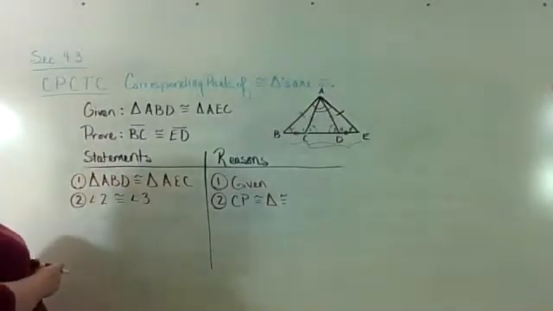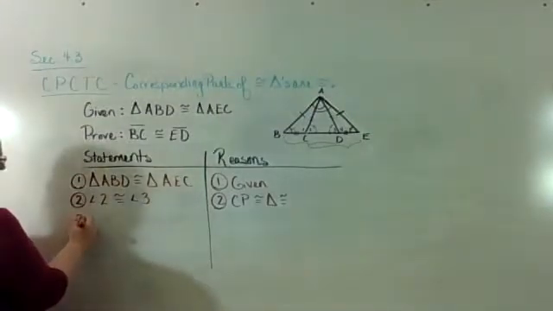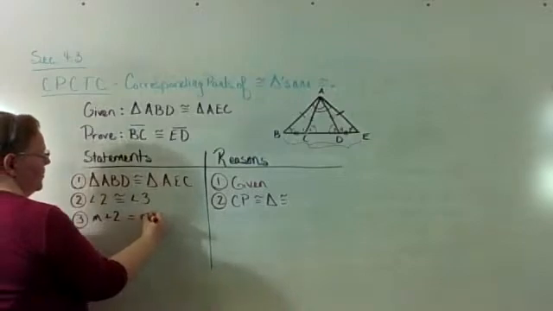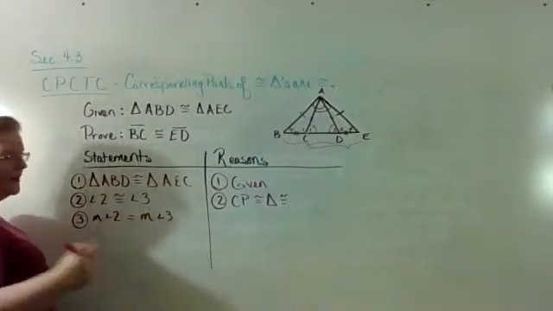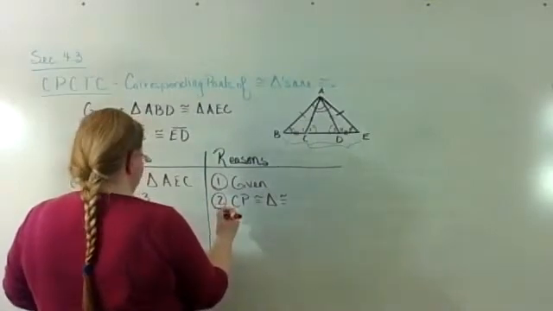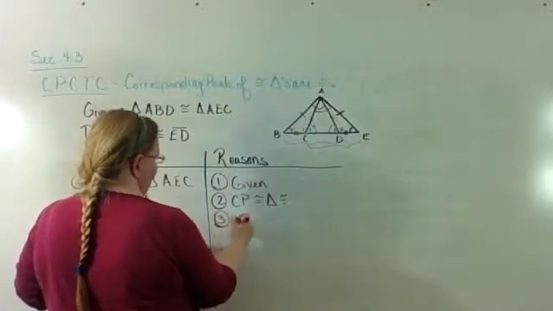Okay, and that means that the measure of angle 2 is equal to the measure of angle 3, because I got to get the m's in there first before we can do the 180 thing. So the measure of angle 2 is equal to the measure of angle 3. That's the definition of congruent angles.